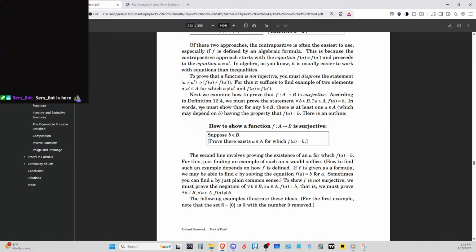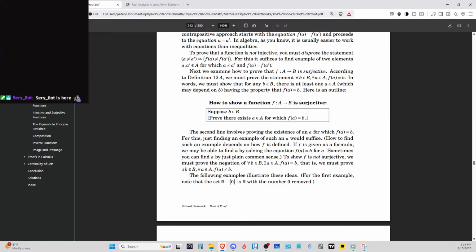In words, we must show that for any b in B, there is at least one a in A, which may depend on b, having the property that f of a is equal to b. Okay, so suppose b is in B. Prove there exists an a for which f of a is equal to b.